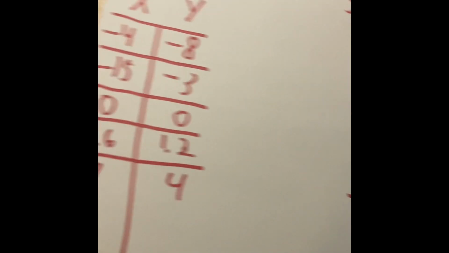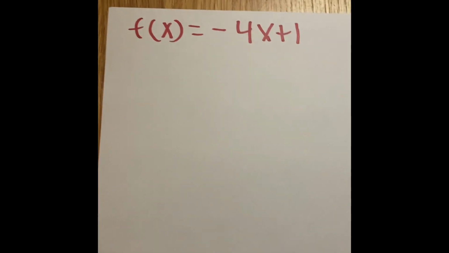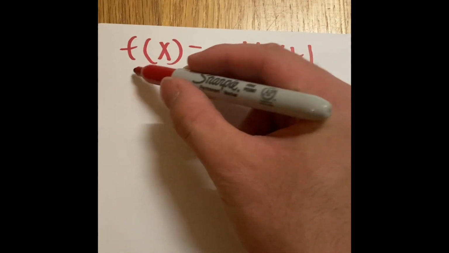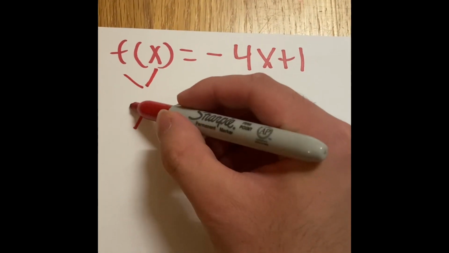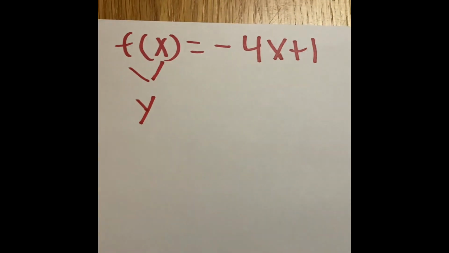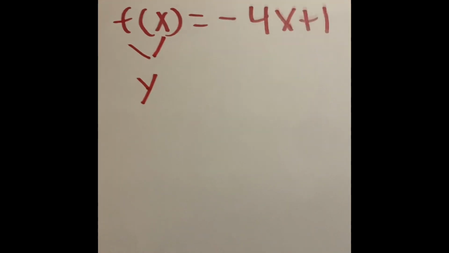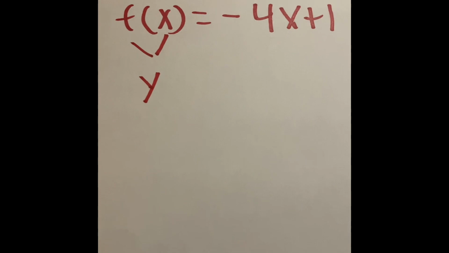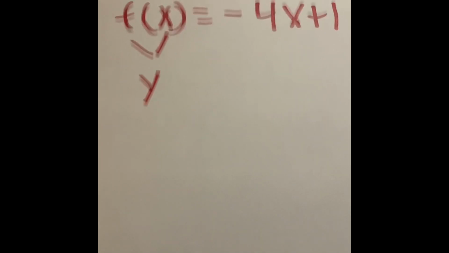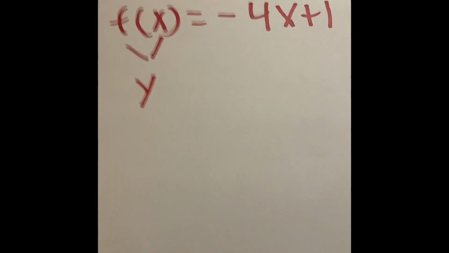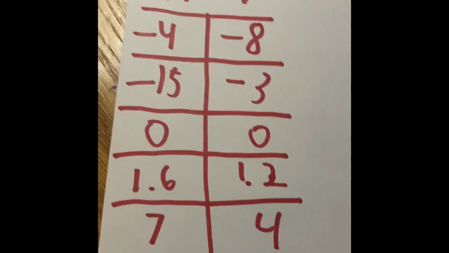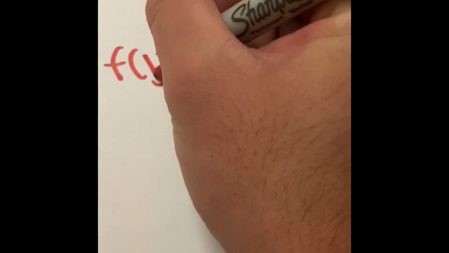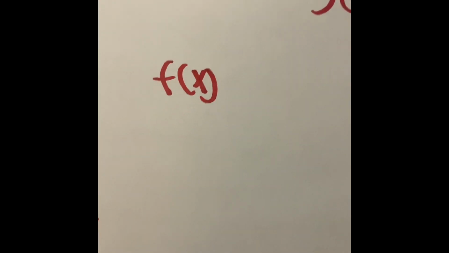If you go to negative 15, negative 3, for the inverse you switch them around. So if we understand how to do that, the first step should be very easy: f of x is going to equal y. What we're trying to do is put everything on the same communication level for every mathematician, because when you usually do a ratio table, the y is referred to as the f of x, because that's the result of a function.